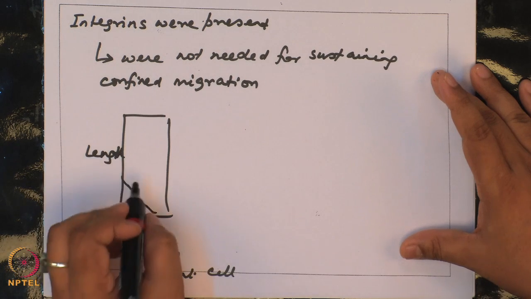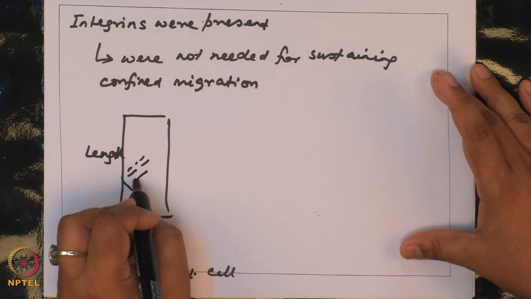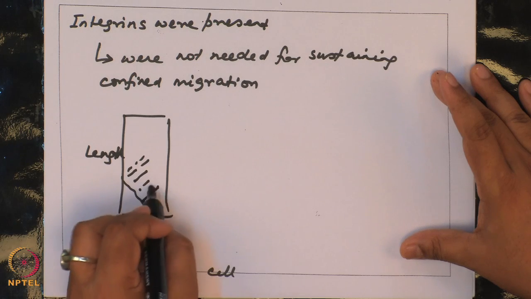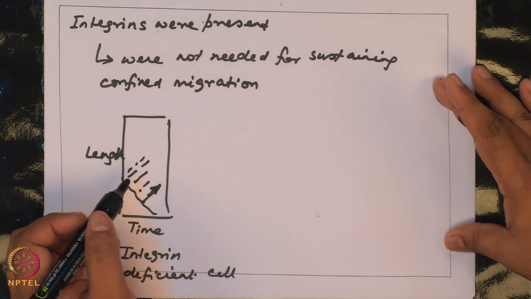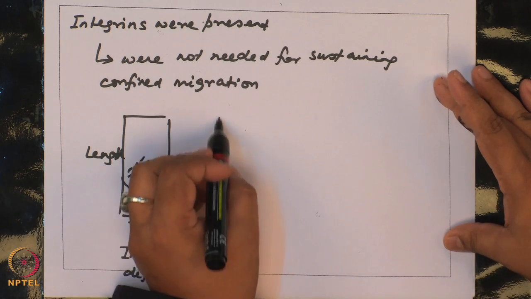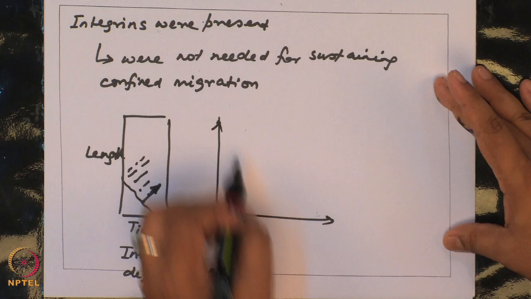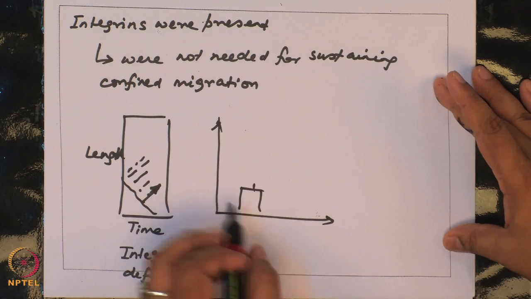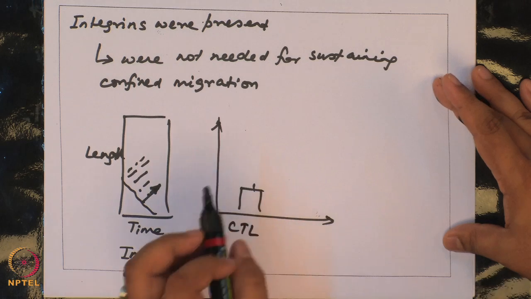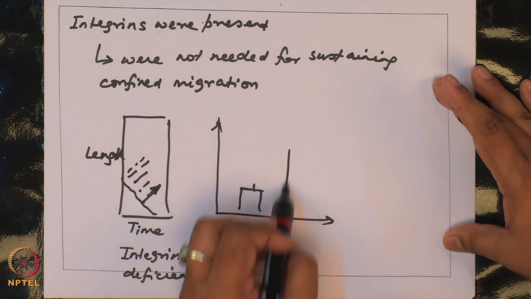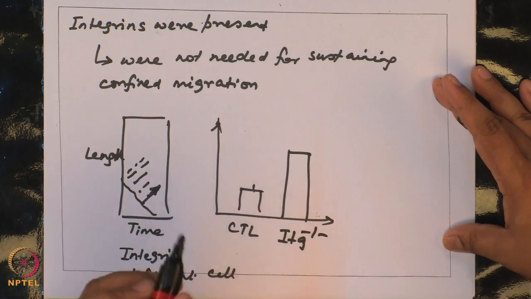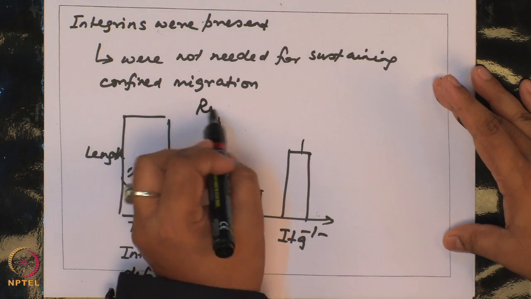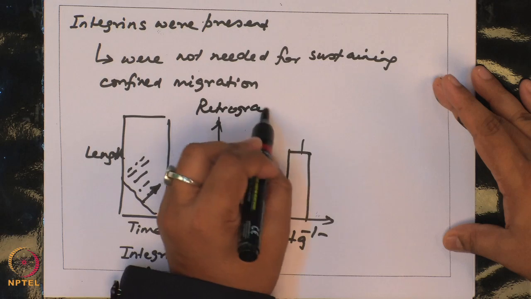They found again these streaks indicating retrograde flow, but the magnitude of the retrograde flow increased significantly. If this was the average retrograde flow in control cells, in integrin null cells the retrograde flow was significantly increased.